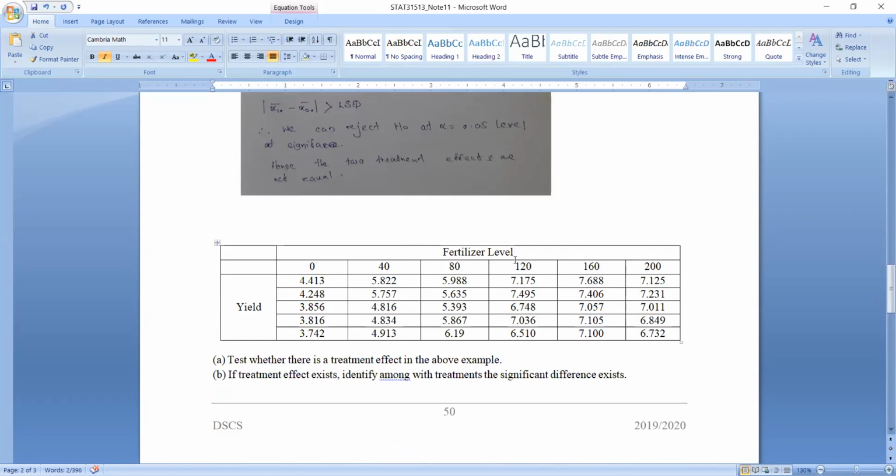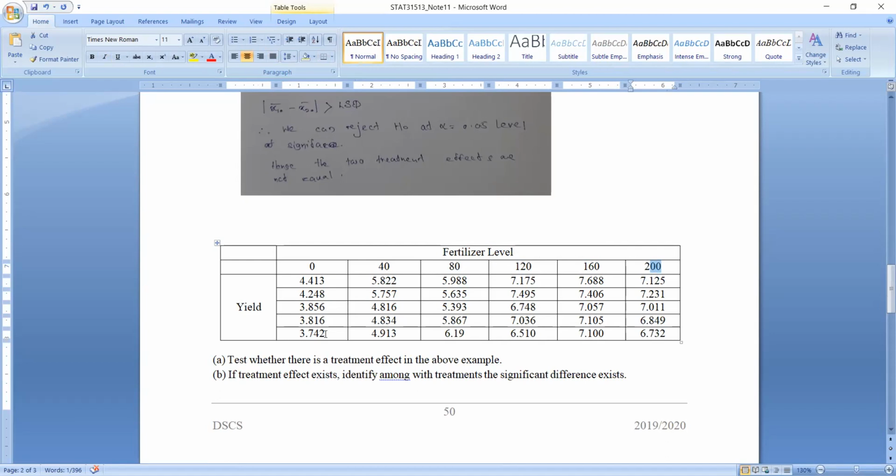It's about fertilizer levels. You can see there are 6 different fertilizer levels, denoted as 0, 40, 80, 120, 160, and 200. Under each fertilizer level, we are interested in the yield that you can gain.